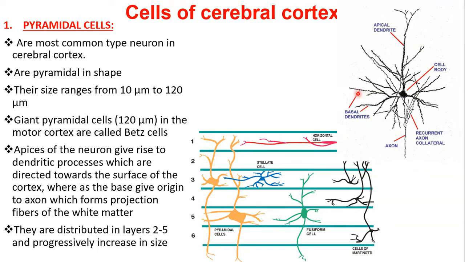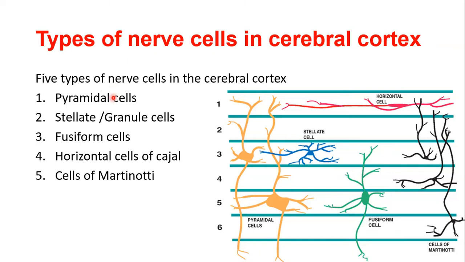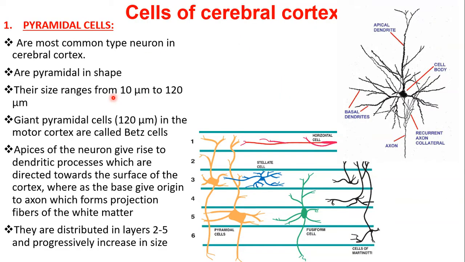Now the pyramidal cells, the first cell. What should you know about the pyramidal cell? These are the pyramidal cells. You can see most of the cerebral hemisphere consists of pyramidal cells. Why are they called pyramidal? Because their body is pyramidal in shape.